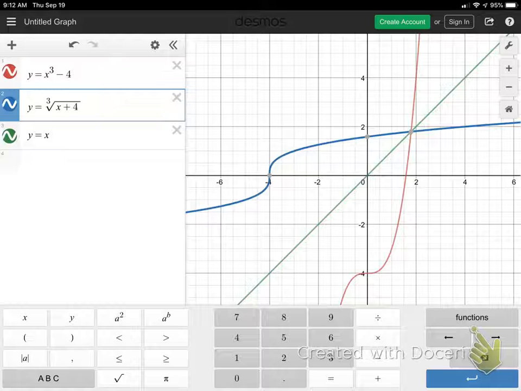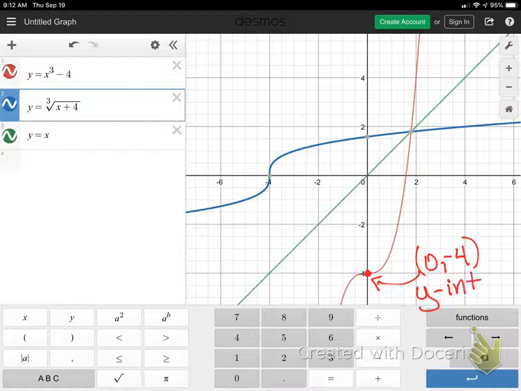Good, at -4. So this is 0, -4, and that is my original function's y-intercept. Tell me what's happening right here. What is that?